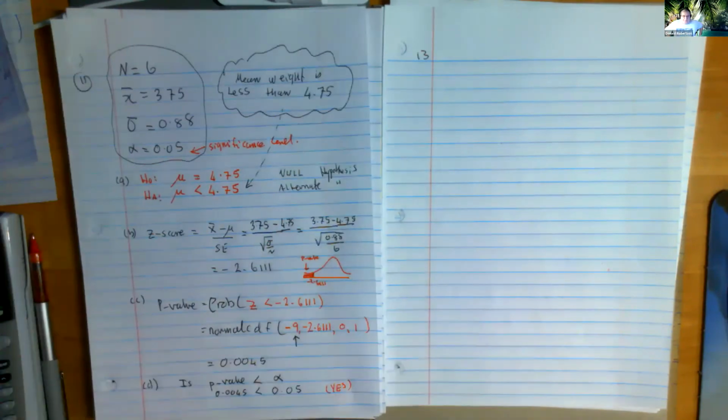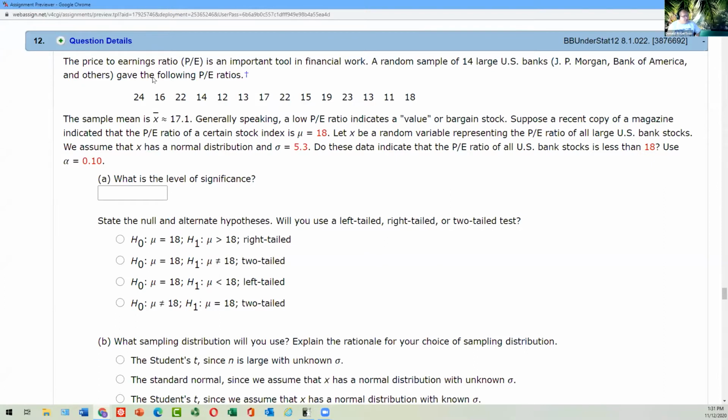Compare it against that one. In question 13, let's show you what the question is first, and then we'll do it so you can get a little bit of an idea of how we work on these. Oh, this might interest you, Chris. You like stocks. The price to earnings ratio, P/E, is an important tool in financial work when you're buying stocks and shares.